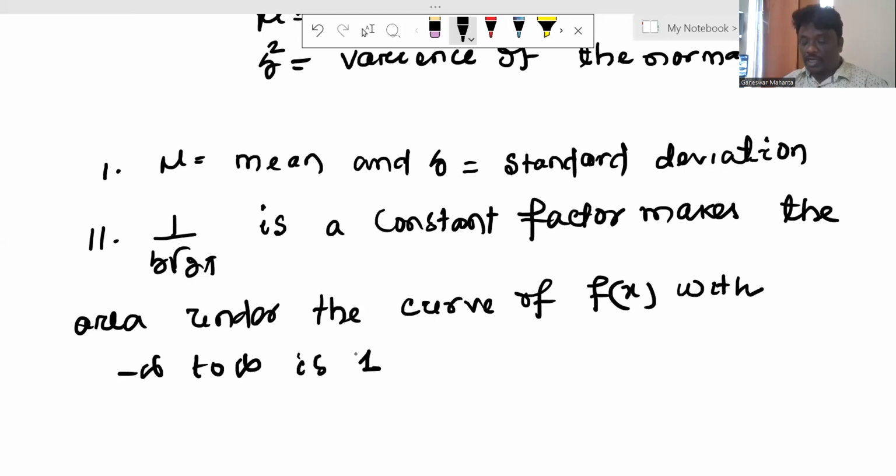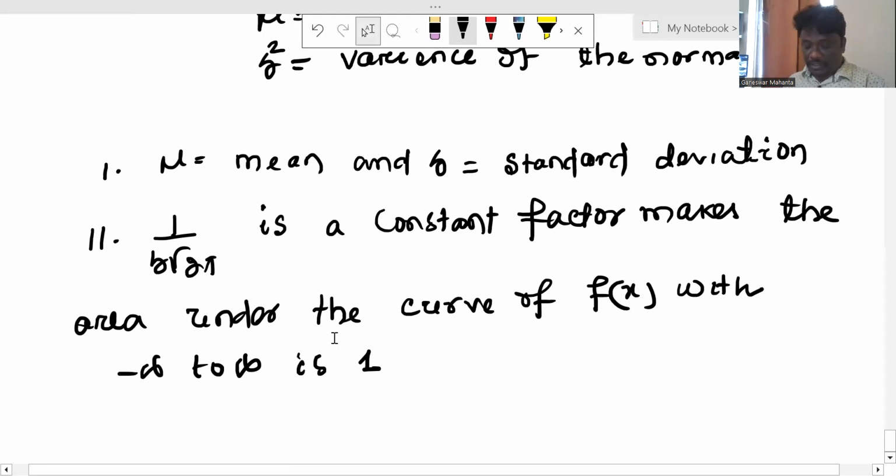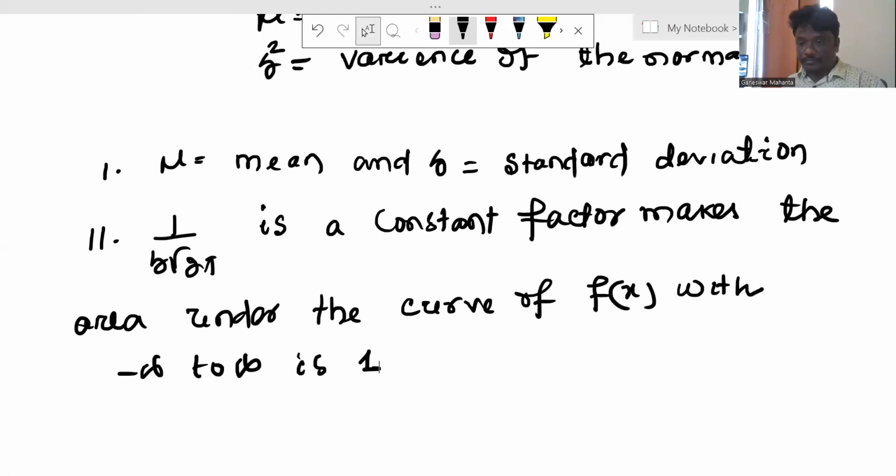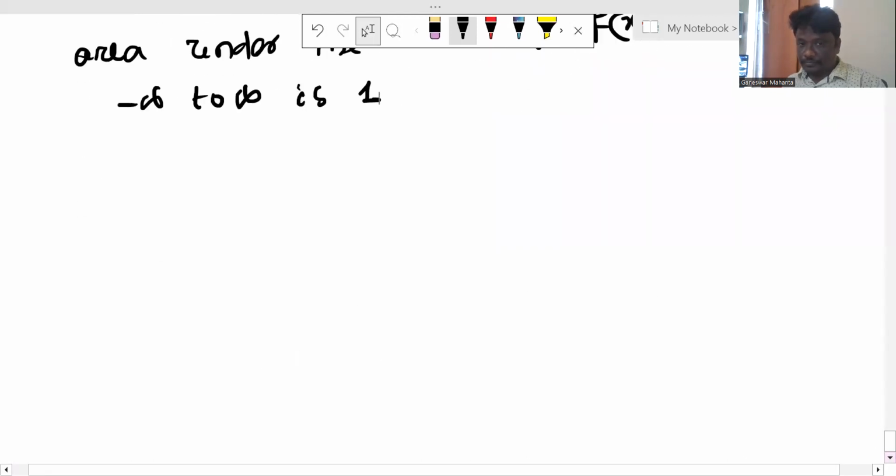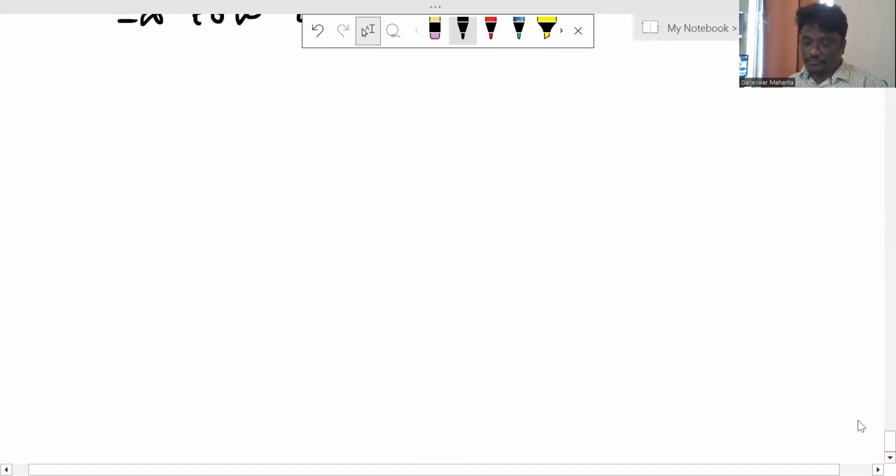So the curve f(x) is symmetric. Here we have to discuss the curve of the normal distribution function.